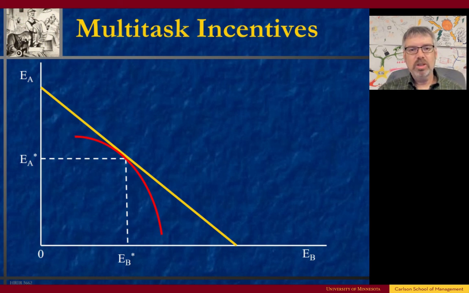The optimal choice is going to be somewhere in the middle. That's going to be where the marginal benefit of the two equals the marginal cost of the two. And because extreme effort just on A or just on B is more costly, it's going to be most effective for the individual to choose something in the middle.